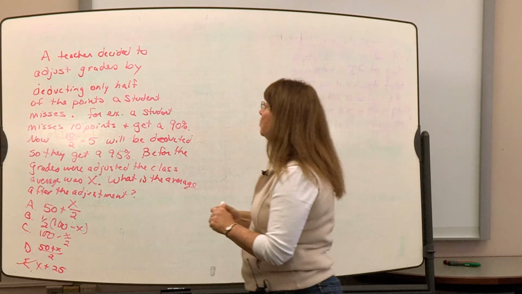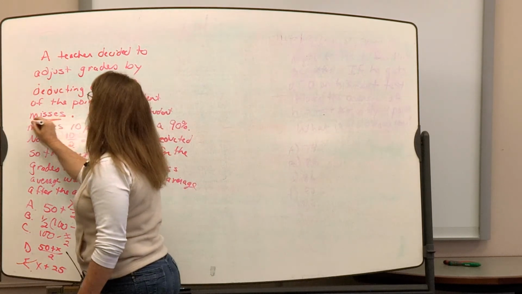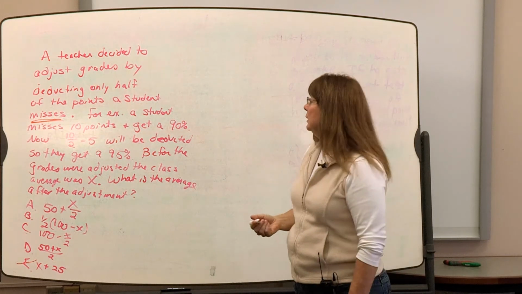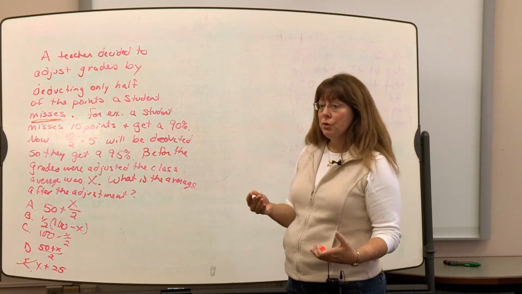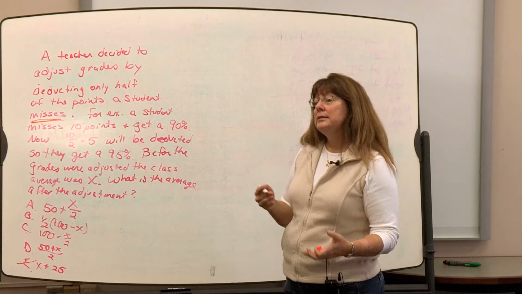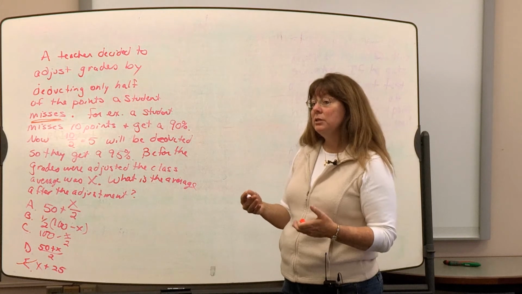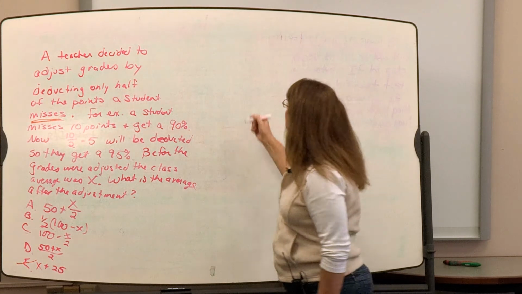Now they're talking about the points that you miss. So I want to see what the points are that I'm missing. I can have a student's grade, I can take off their score, and that's going to tell me how many points they've missed.